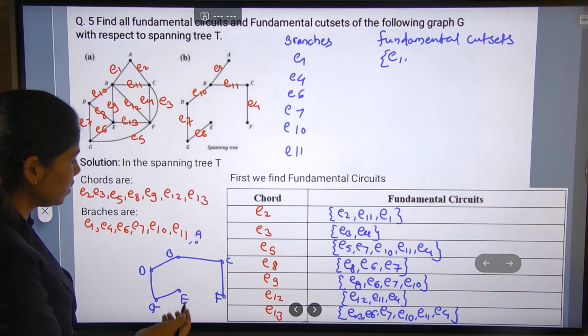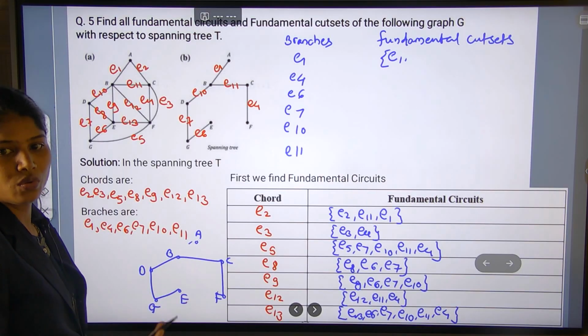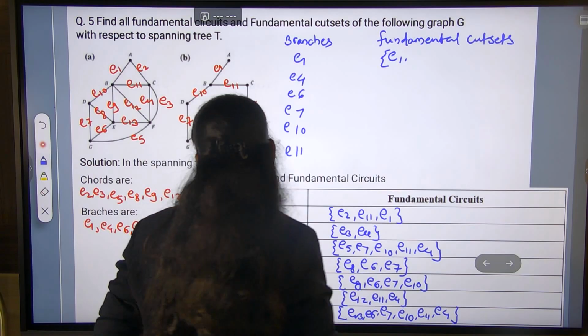So we get here two disconnected components. So write down all the chords which connect those two components.